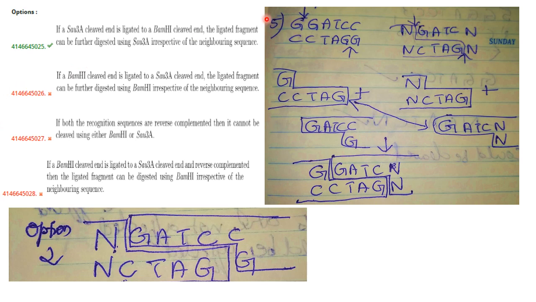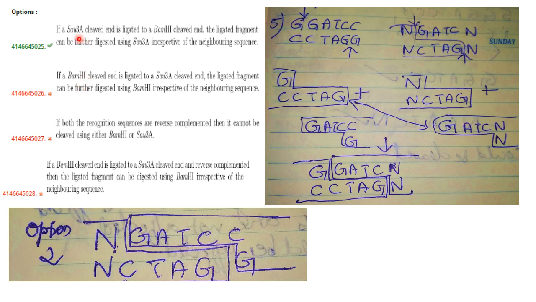So these are the options and this is my working out for these options. If Sau3A cleaved end is ligated to a BamHI cleaved end. So this is BamHI cleaving, this is Sau3A cleaving, and these are the cleavage products for BamHI and these are the cleavage products for Sau3A.